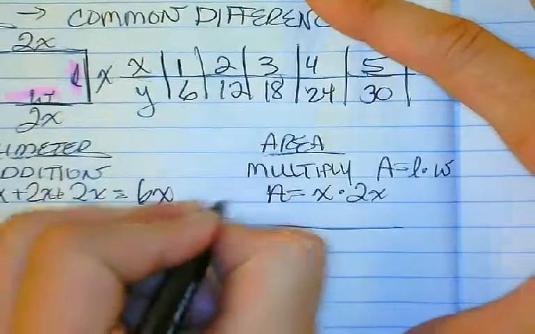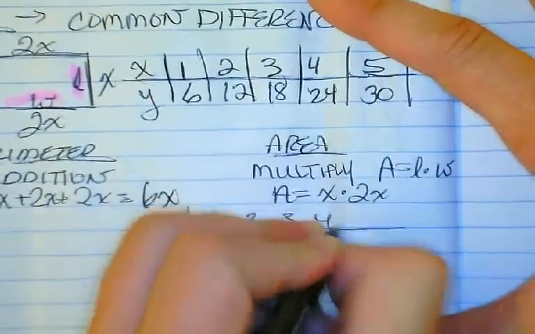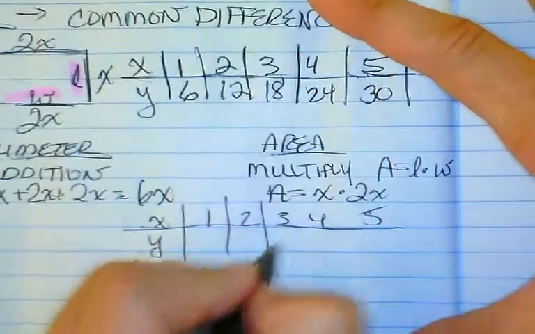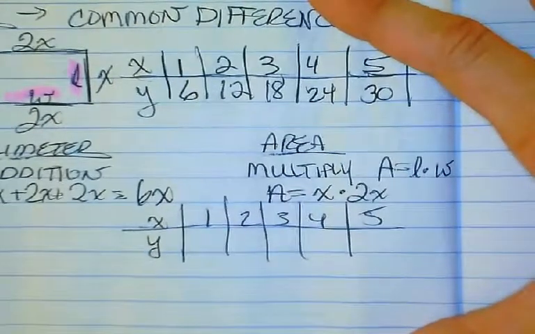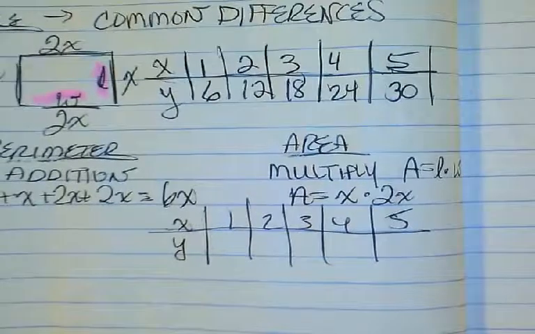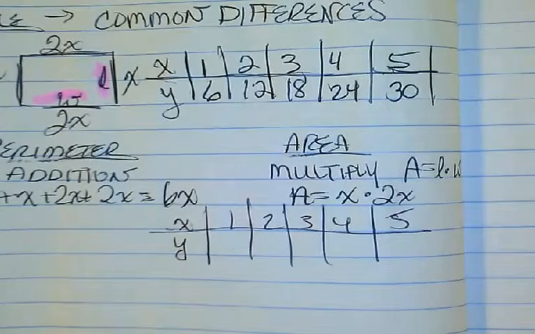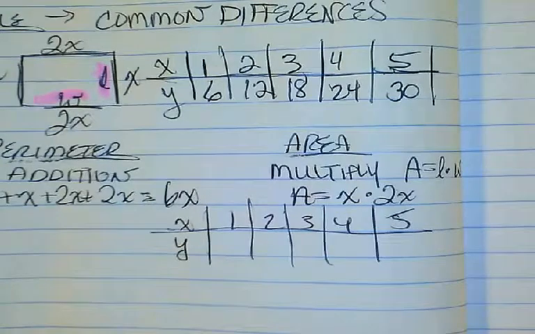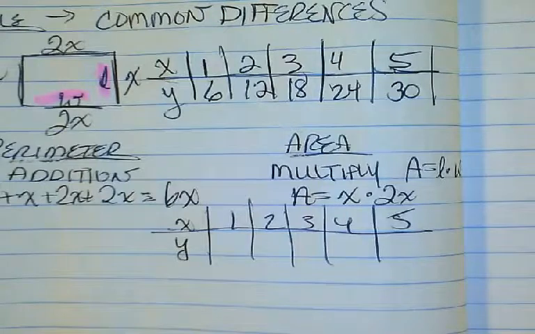Same deal. 1, 2, 3, 4, 5. And this is our formula, right? We're going to use x times 2x to help us out. So let's put in a 1 of x. Let's put in 1 here. So we're going to have 1 times 2 times 1.